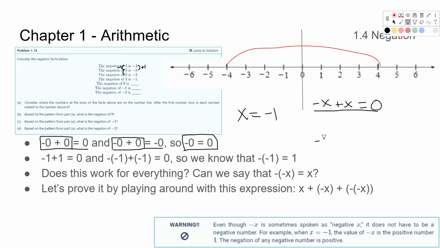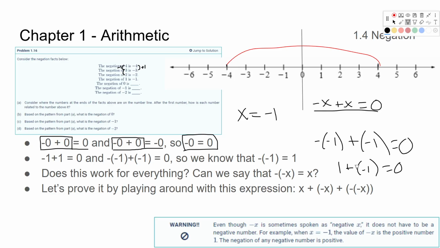So our negative x, so -1, plus -1, we know has to equal 0, because that's our rule of negation. We now know that -1 is just 1. So 1 plus -1 is going to equal 0. So we also know that 1 minus 1 is 0.